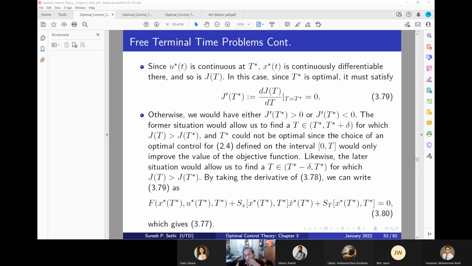And so T star could not be optimal, since the choice of an optimal control defined on the interval 0 to t would only improve the value of the objective function. Likewise, the latter situation would allow us to find a t in this interval for which J of t is bigger than J of T star.